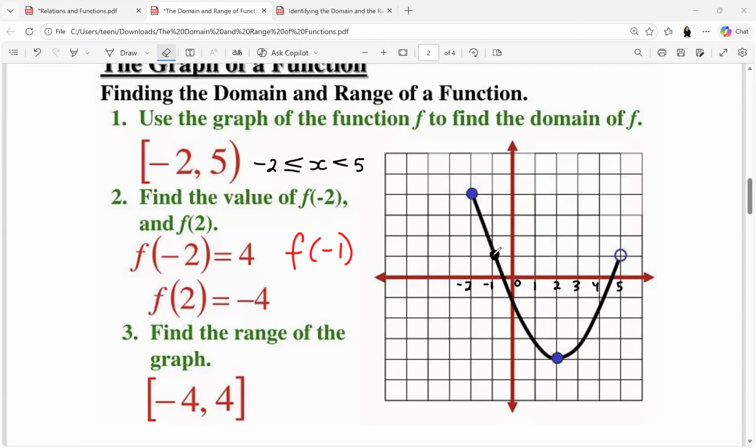Here? Yes, it is here. Because at this point, isn't x equal to negative 1? That's the coordinates of that point, right? This point here, x is negative 1, right? And then the value of y, what would be the y value here?